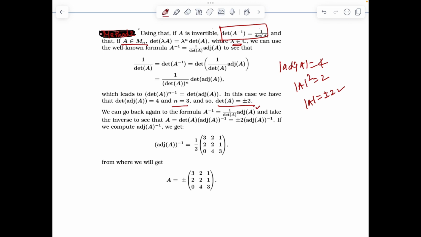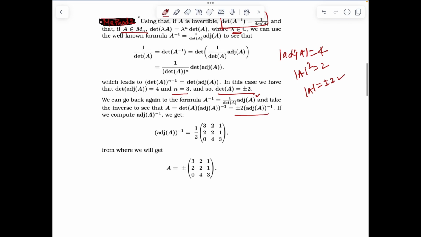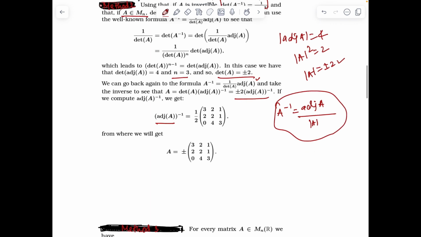So we can invert this to find A is plus minus 2 times adjoint of A inverse. Since adjoint of A is given, adjoint of A inverse can be found, because to find the inverse you find the adjoint and its determinant. So using that property, we will get adjoint of A inverse as this, and hence A is plus minus of this.